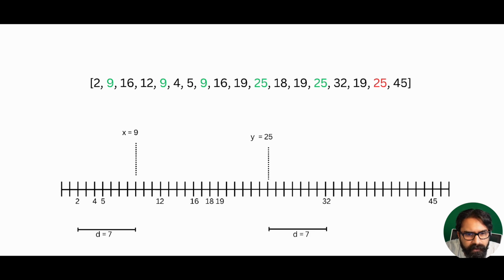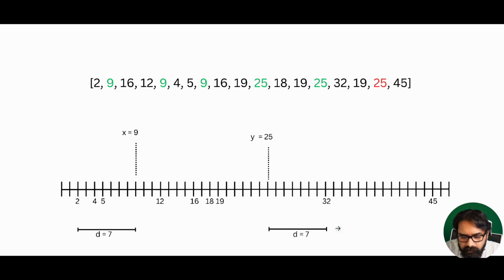So in the previous step, we found out that x equal to 9 and y equal to 25 doesn't seem to fit in. So where does it fall in this number line? We can quickly notice that x equal to 9 and y equal to 25 fall somewhere around here. And the difference between the minimum up to x is 7, and max to y is 7 again. So it seems to work so far until 32.